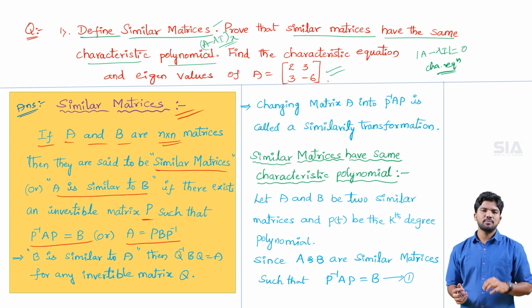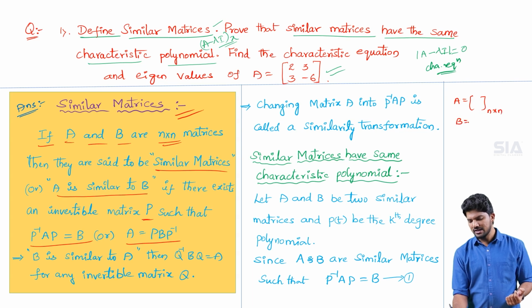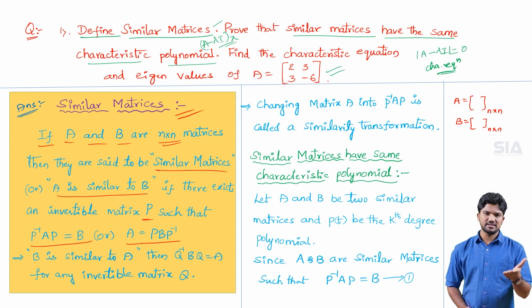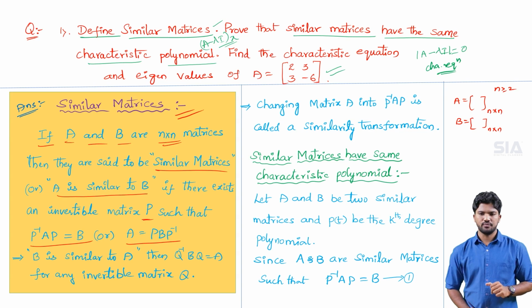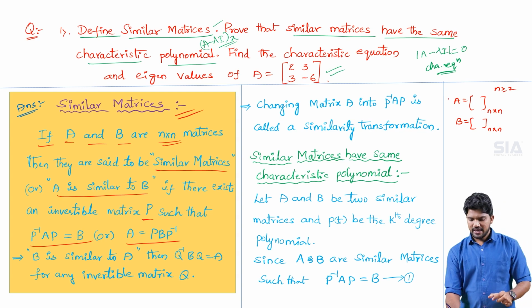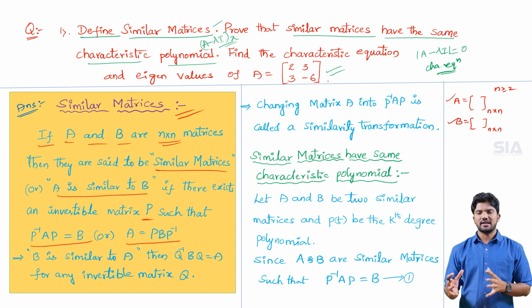Then A and B are called similar matrices.